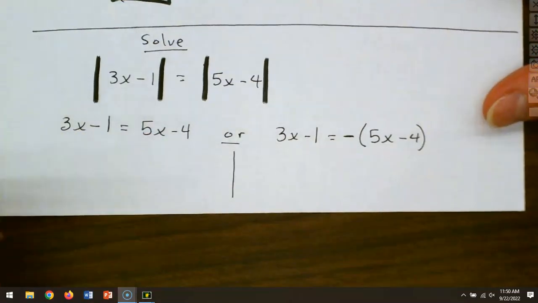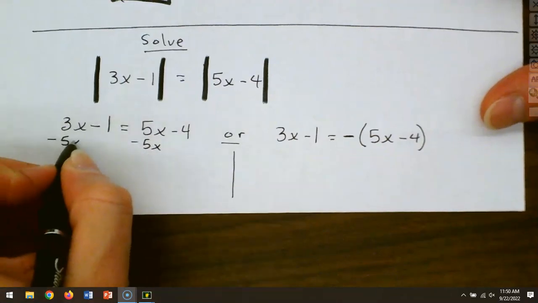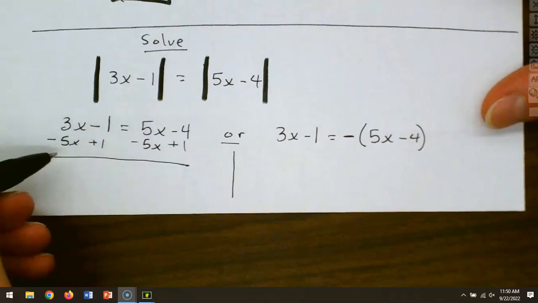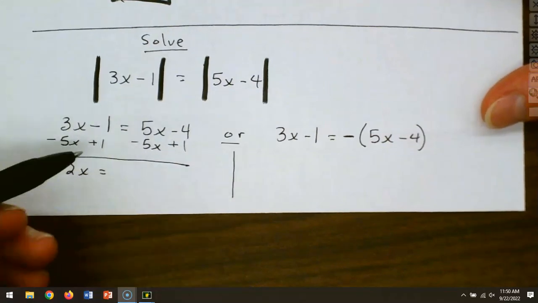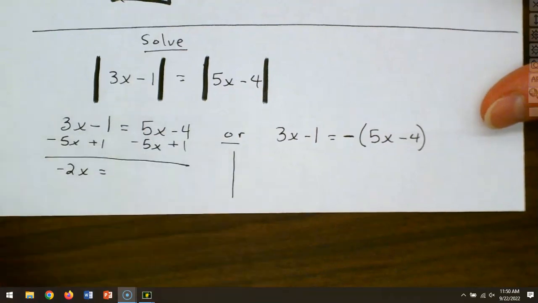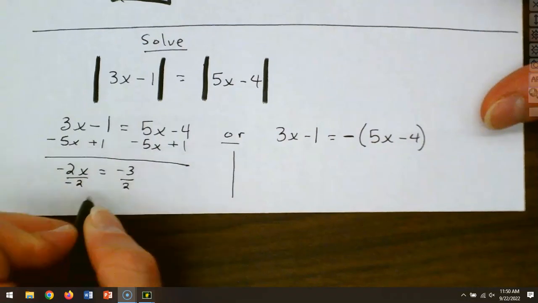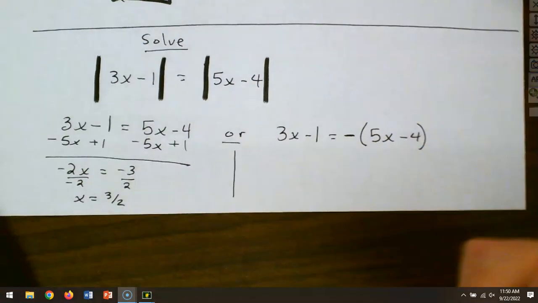The left one is easy. Move the 5x over. Add the 1. And 3 minus 5 is a minus 2x. Those cancel, those cancel. A minus 4 plus 1 makes it a minus 3. Divide by a negative 2. And one solution is 3 halves.